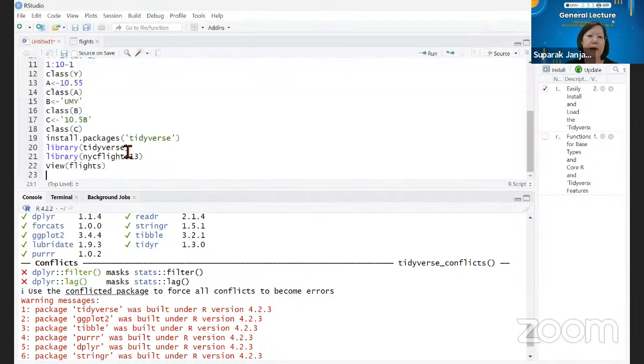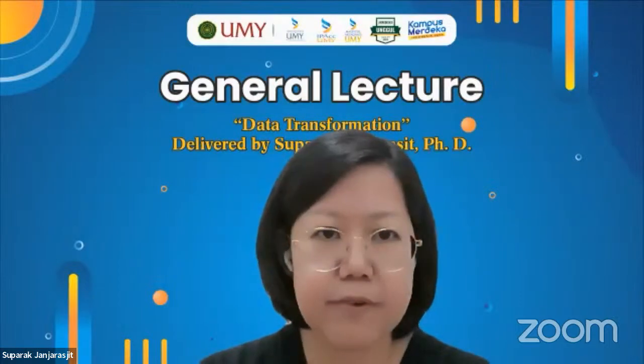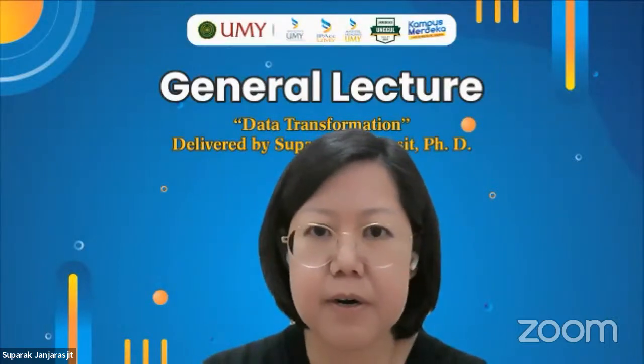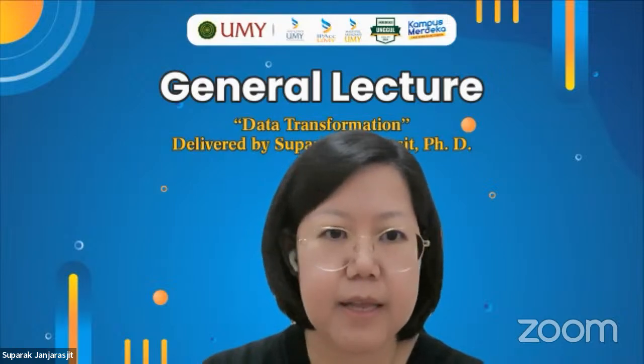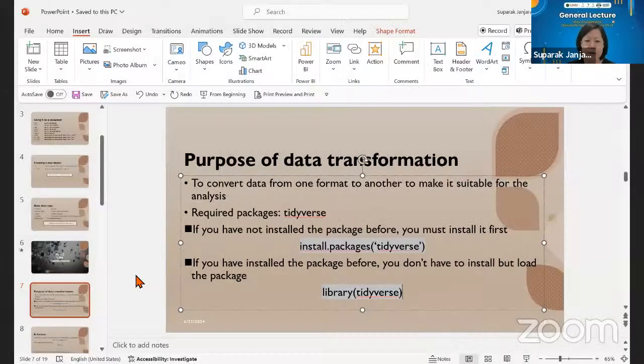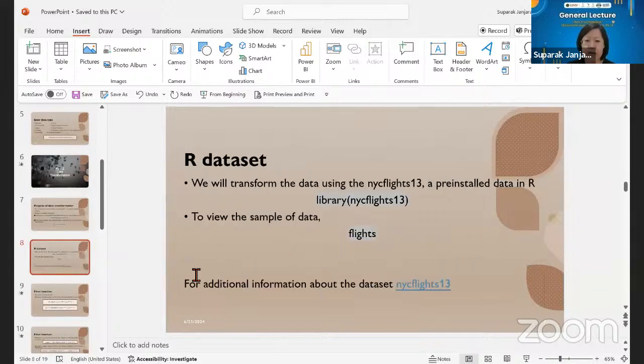Okay, now come back to the R script, and let's see what we should do for the first part of data transformation. We already loaded everything, and we already looked at the data.